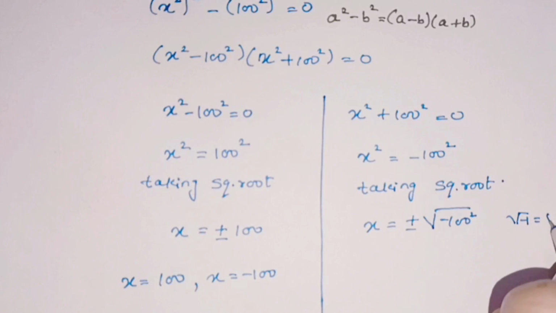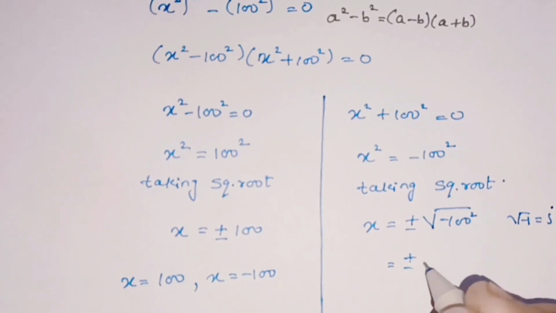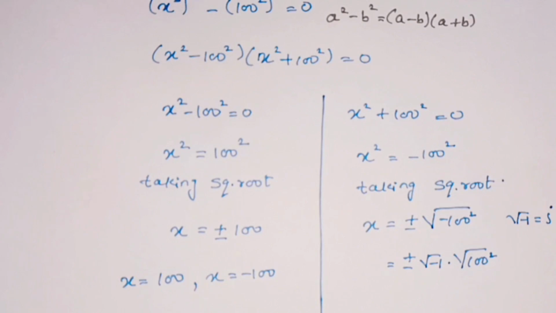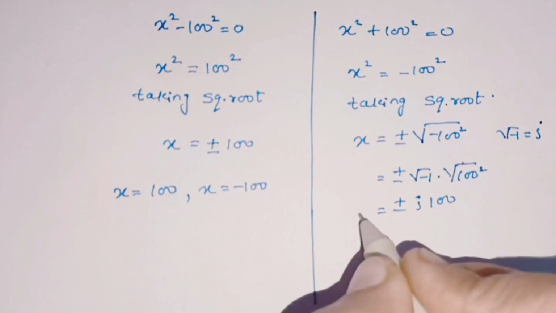We know square root of minus 1 is nothing but the imaginary number, that is iota. So this will be plus or minus square root of minus 1 into square root of 100 square. So in place of square root of minus 1, we write i, and the square root gets cancelled. So it will be x is equal to plus or minus i into 100.